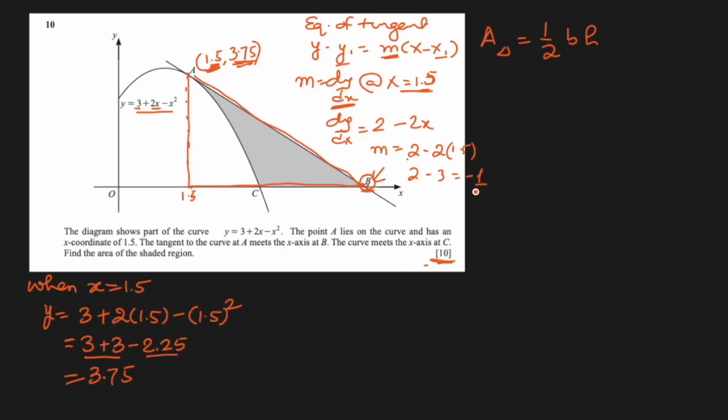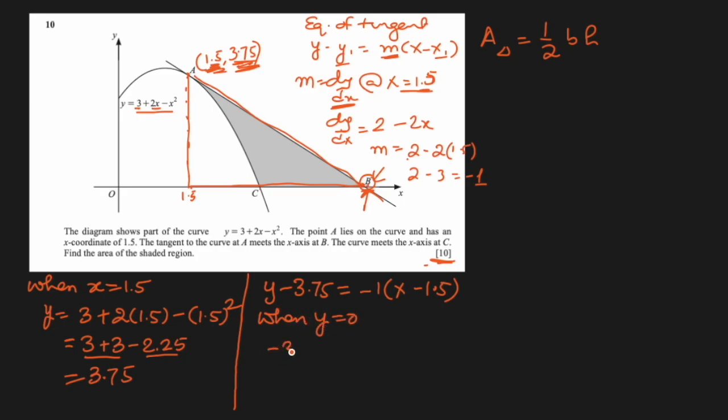So we know m, we know x1, y1, we can find the equation of the tangent now. Let me write it here. y minus y1, which is 3.75, equal to m, which is negative 1, times x minus x1, which is 1.5. But I don't want to simplify this because my purpose is to find the x coordinate of B, when y is 0. So let's put y equal to 0.